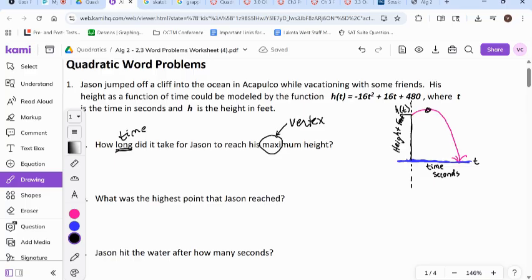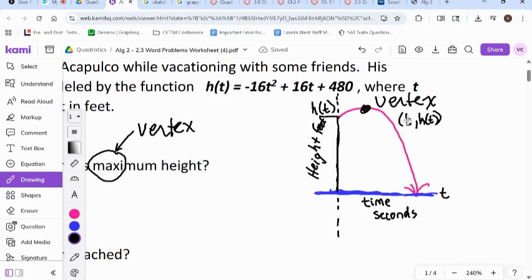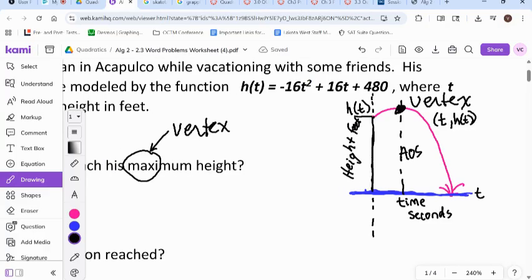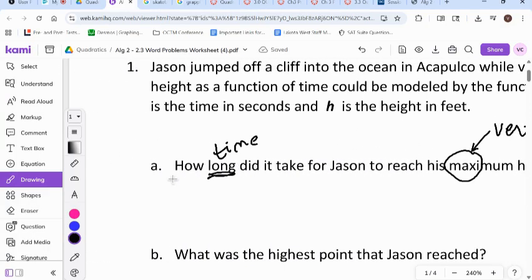So when I find this vertex, we only need to talk about the t-value of the vertex. We are only talking about the time. Another way I could look at that is that's going to be our axis of symmetry. The x value, or the t-value, will be our axis of symmetry. So I'm going to write myself a note: find the axis of symmetry.